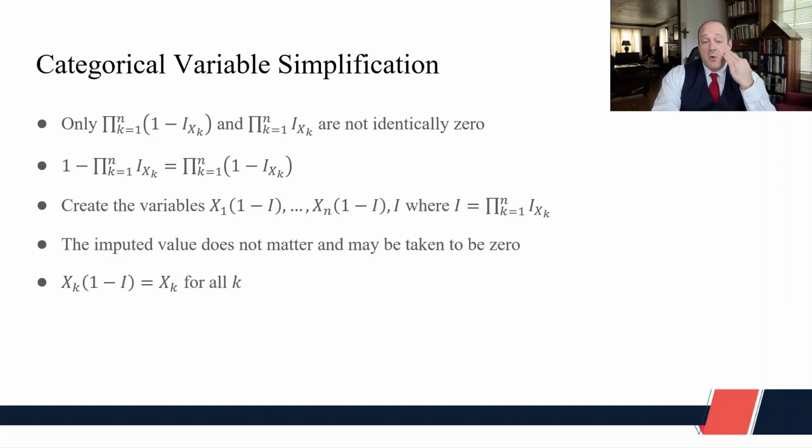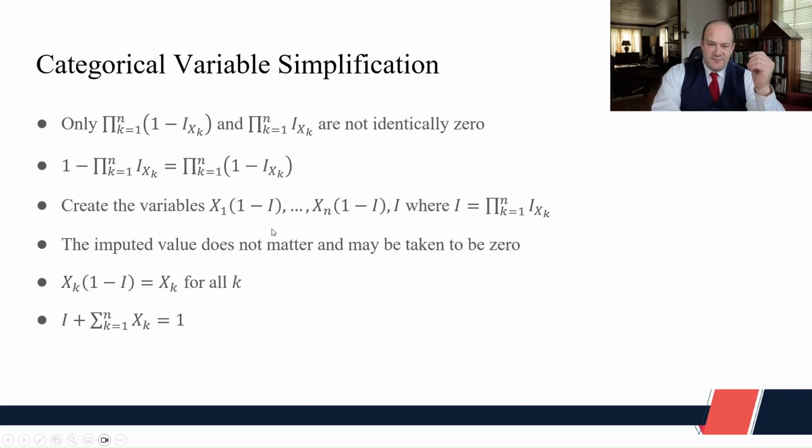And then, moreover, we realize, well, wait a minute. That means that if we take the imputed value to be 0, that means that each one of these guys here, x1 times 1 minus I, that just equals xk for all k. So including this additional factor here in the term, that's not helping us at all.